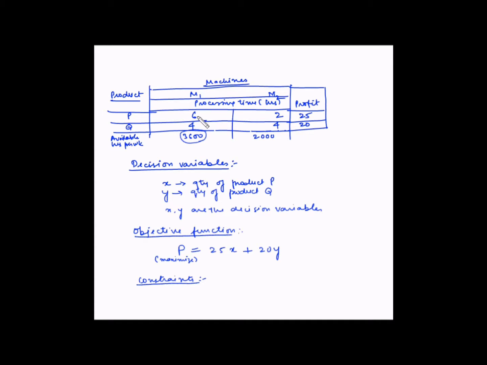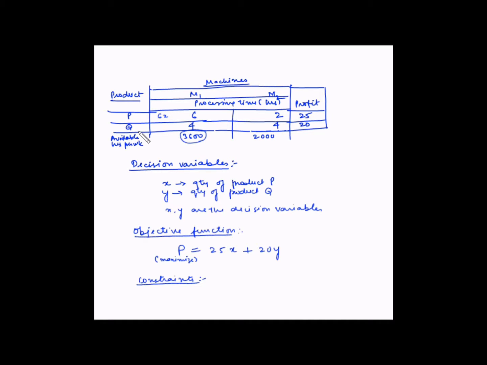So if 1 unit of P needs 6 hours on M1, X units will need 6 multiplied by X hours on machine M1. So this is 6X.